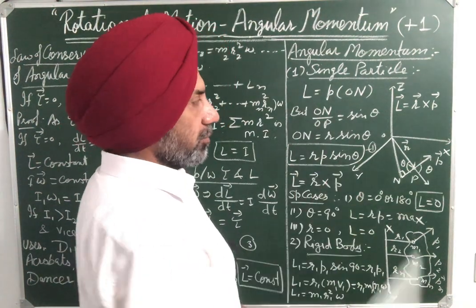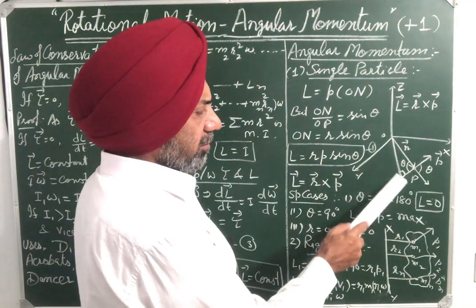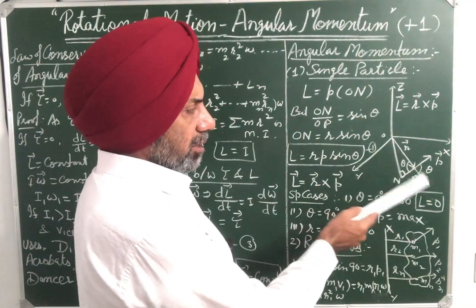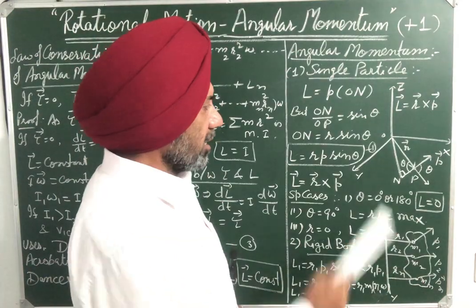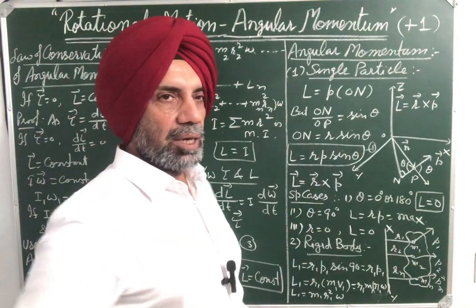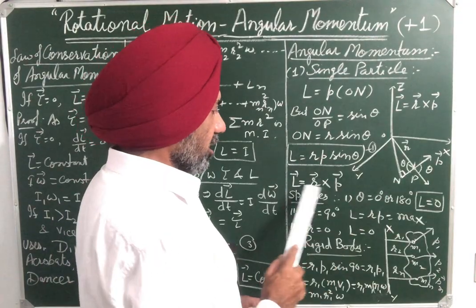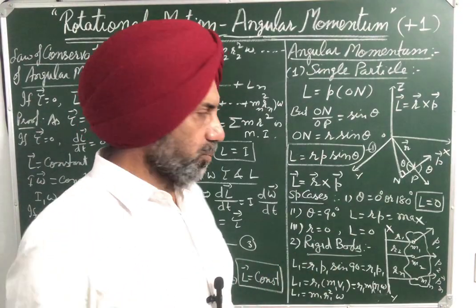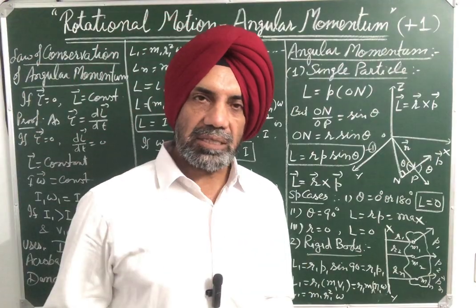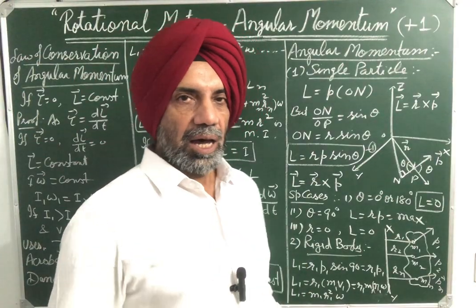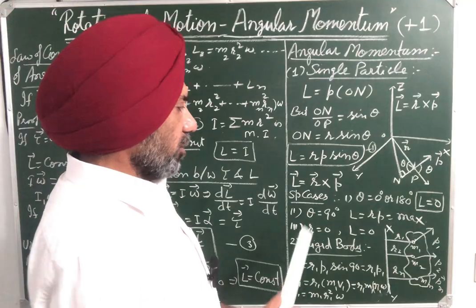So P into ON, and from this right angle triangle, ON upon OP, that is perpendicular over hypotenuse, is equal to sin theta, or ON is equal to R sin theta because OP is equal to R. Therefore L is equal to RP sin theta, or L is equal to R cross P. So angular momentum is the cross product of R vector and linear momentum vector P.